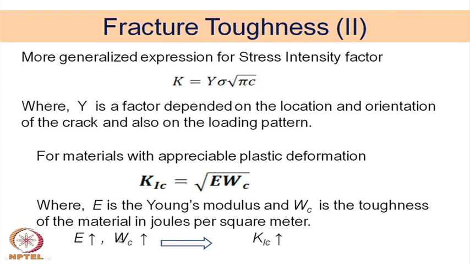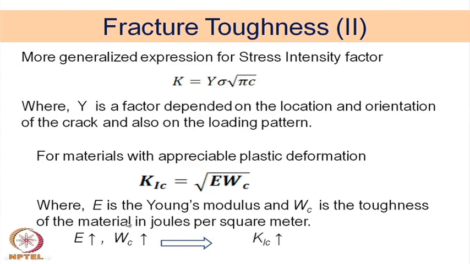So, from this equation, if E increases or WC increases, the KIC also increases. So, there is a relationship between the toughness, Young's modulus and KIC, the fracture toughness. Okay. So, if Young's modulus is high, obviously the fracture toughness will be high.